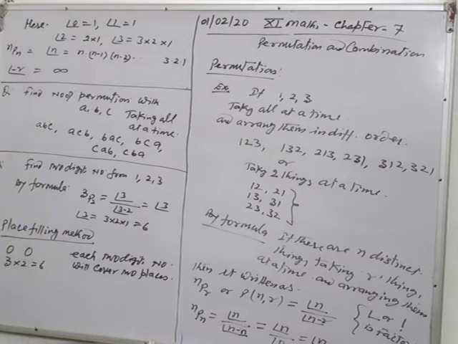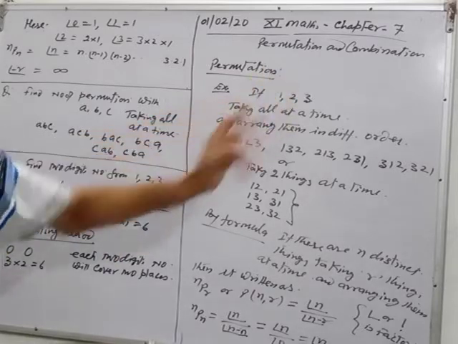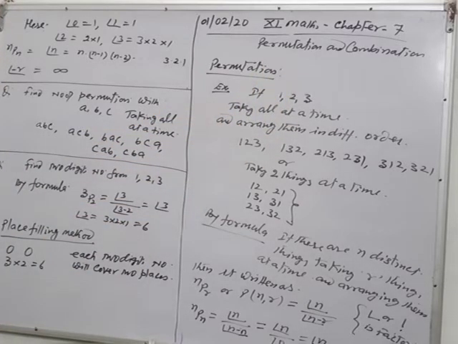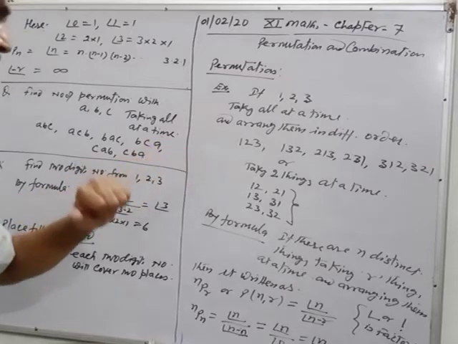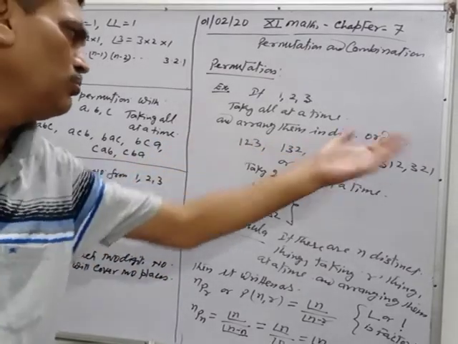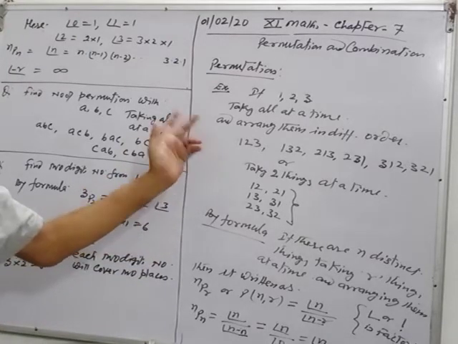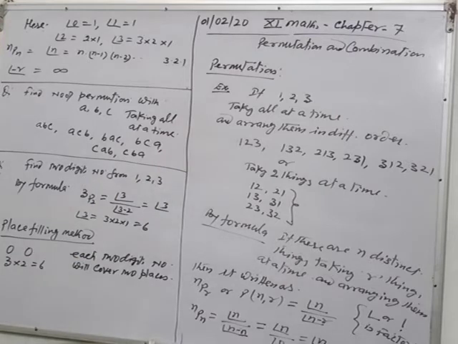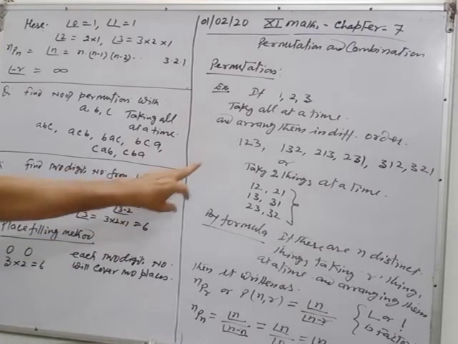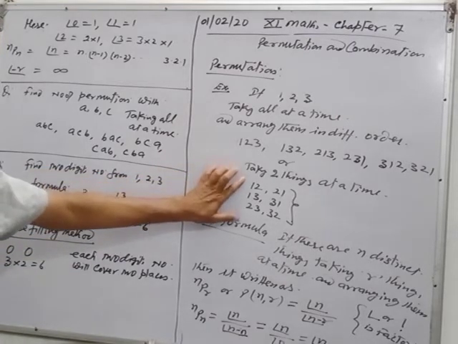Means here you can say that if there are 3 digits, you can take all 3 digits at a time. Then how many numbers can be formed? So you can form 6 types of 3-digit number. Or if you take 2 digits at a time, then how many 2-digit numbers can be formed?